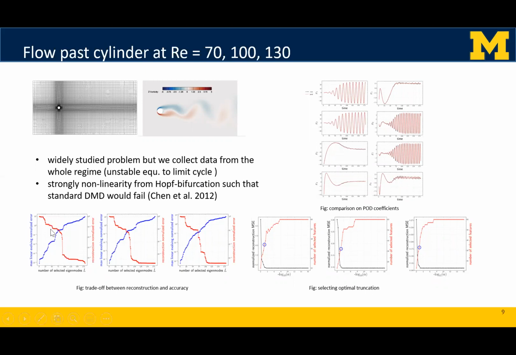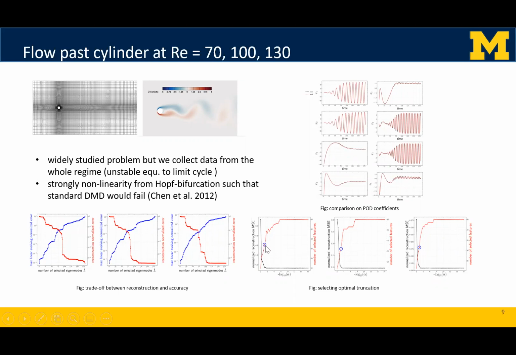So basically here, the red lines correspond to the reconstruction versus the number of modes you kept, while the blue lines correspond to the linear evolution error of each mode, and we order them such that it is always increasing.